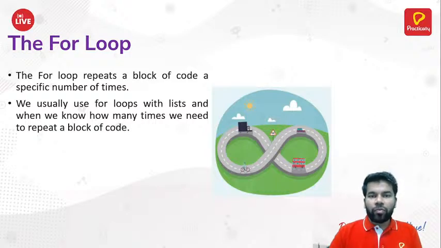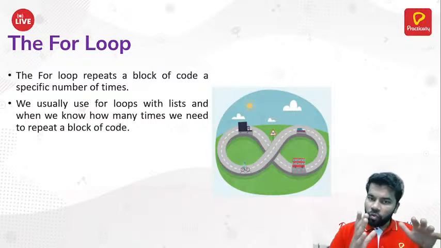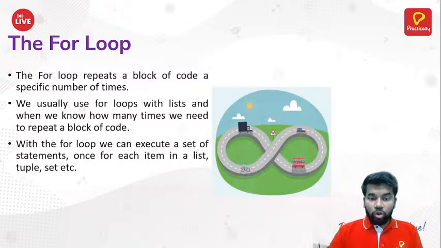If I want to print 1,000 copies of an image, I can use the for loop because I know the number is 1,000. If I do not know the number, then we can use the while loop, which I will explain later. The for loop is used when we know how many times. Remember this.